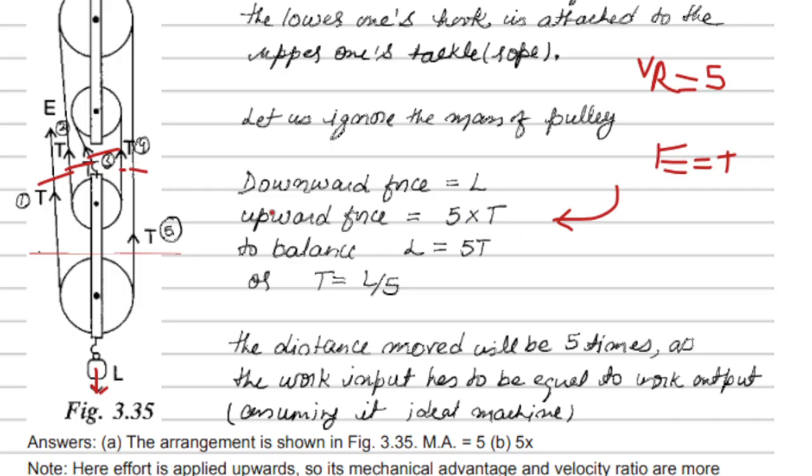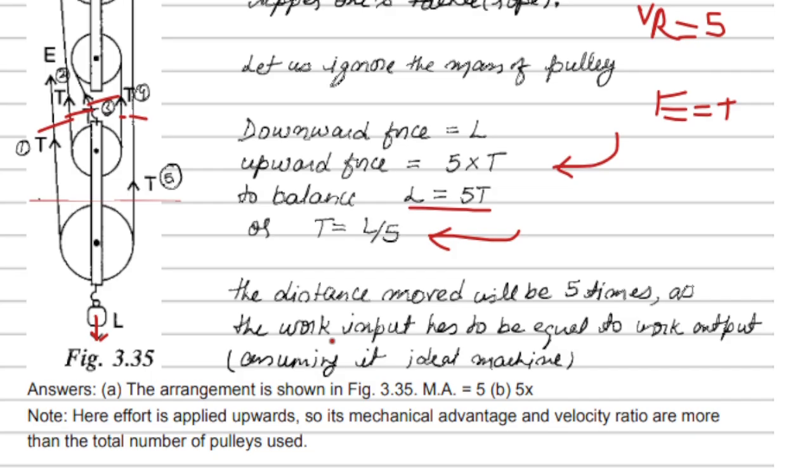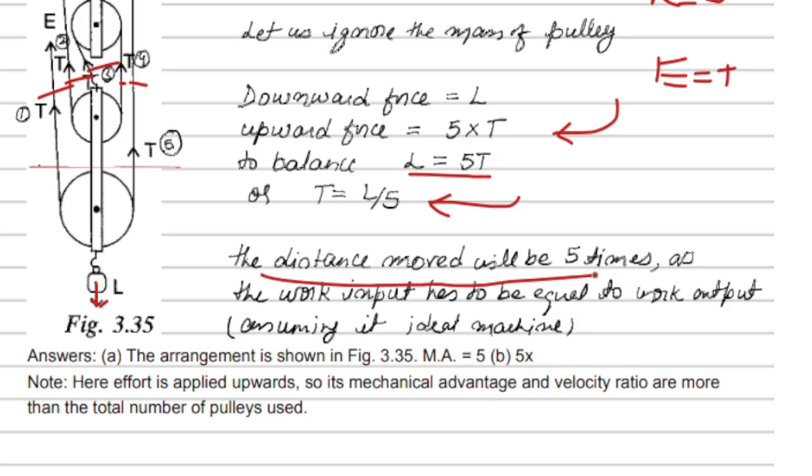So 5T upward force is there. So if they are in balance, then L has to equal 5T. So there is a relation between tension and the load also. Now the explanation: the distance moved will be 5 times, as the work input has to be equal to the work output, assuming it is an ideal machine. Thank you. That's it.